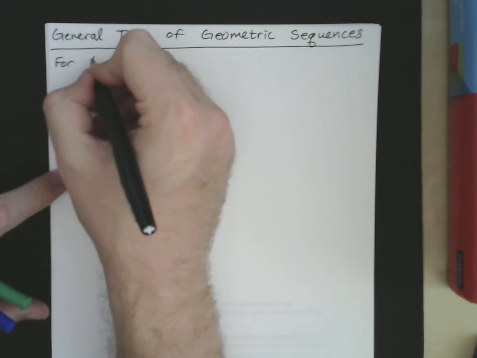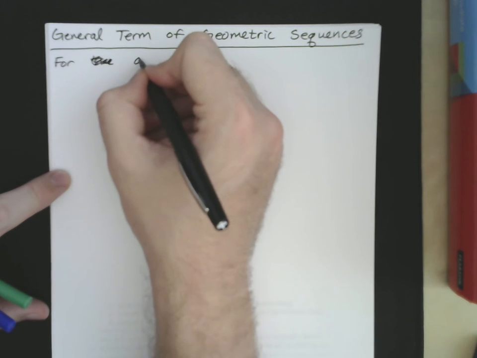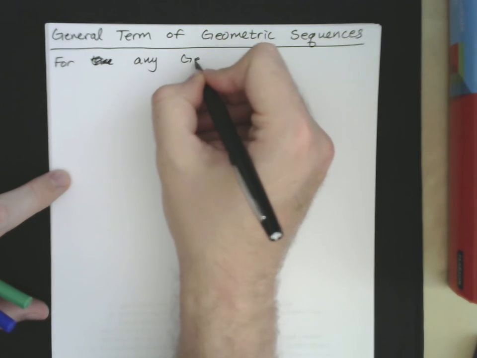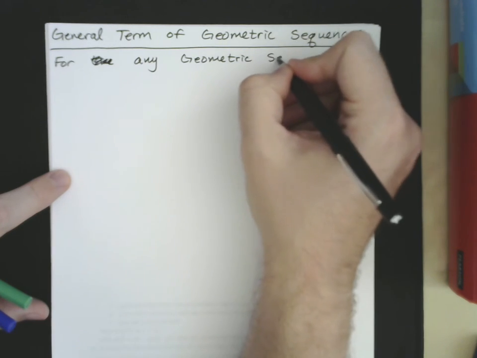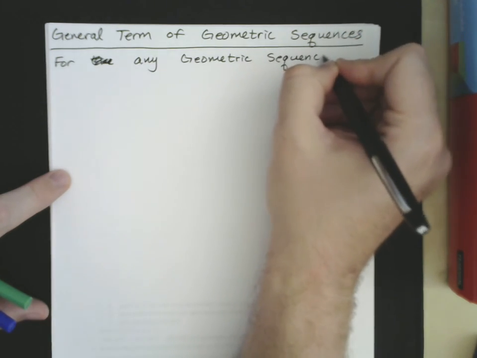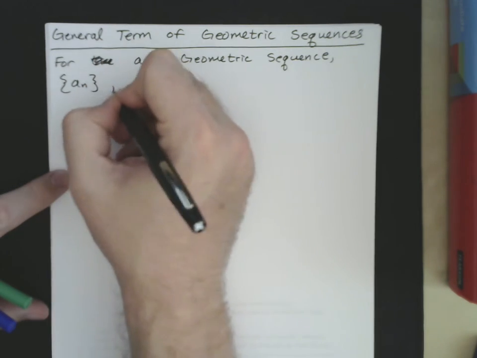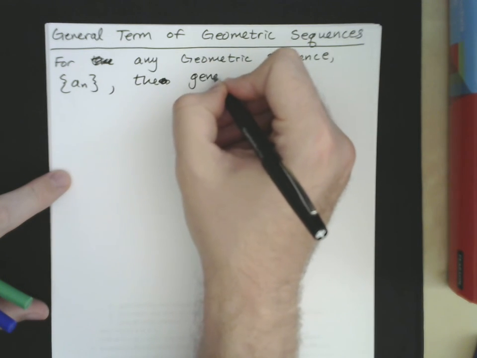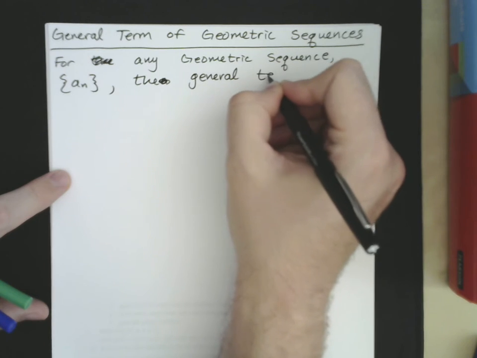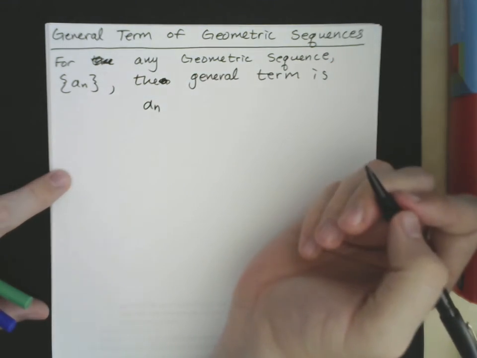So for any geometric sequence a sub n, the general term is a sub n without curly braces.